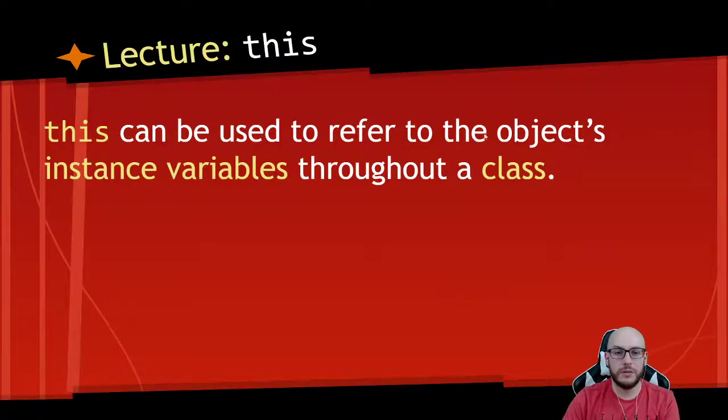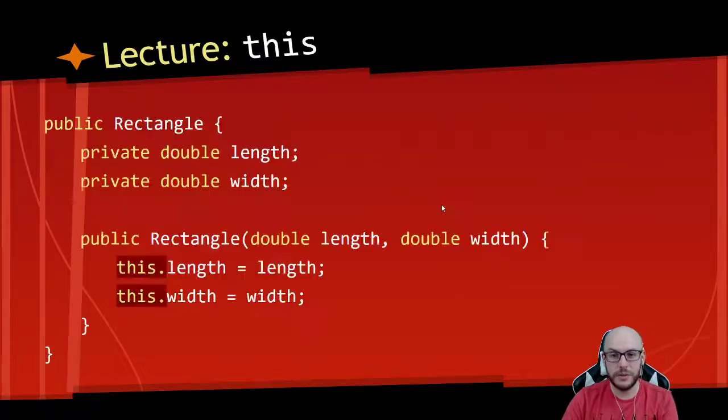This can be used to refer to the object's instance variables throughout the class. Okay, so we see our constructor where we're taking in length and width. We learned in our this.notation video that our local variables and our instance variables are effectively on two different lists, right?